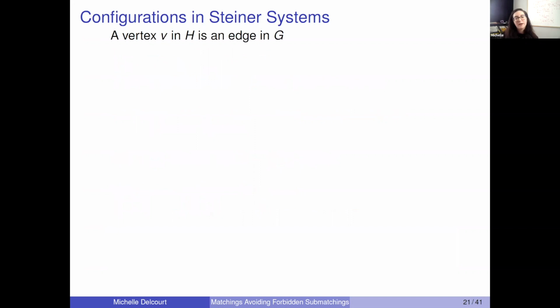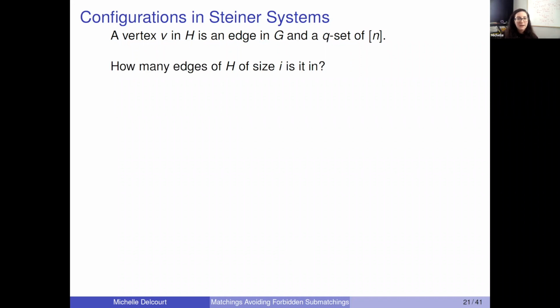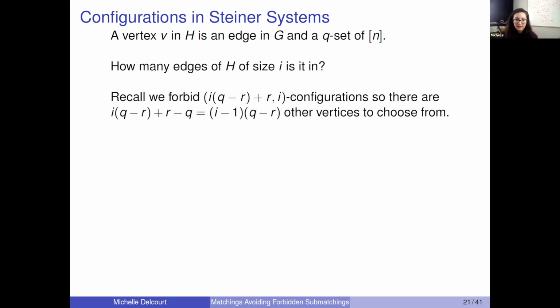So we say that a vertex in H is an edge in G, a Q element subset. How many edges of H of size I is it in? Well, we can do a calculation, and the things that we want to forbid are these configurations, these I, Q minus R plus RI configurations.